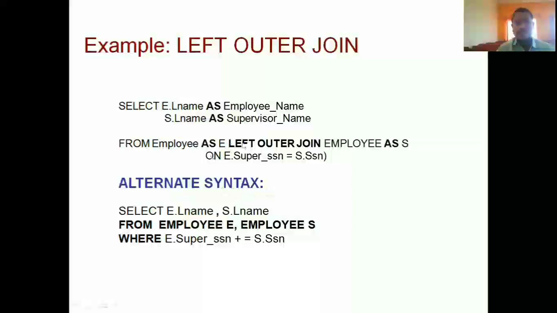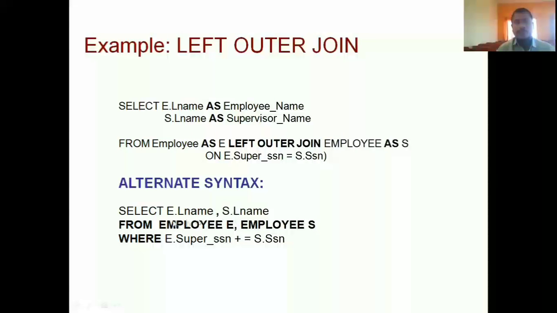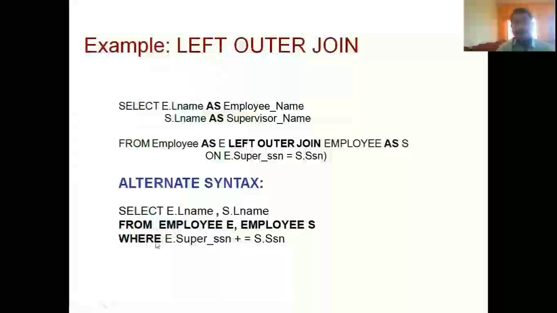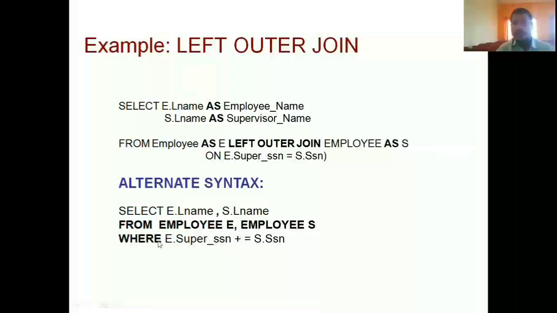Next, the alternate syntax. Select e dot l name, s dot l name from employee e, employee s where e dot super underscore ssn plus is equal to s dot ssn, which is the standard way of writing this.